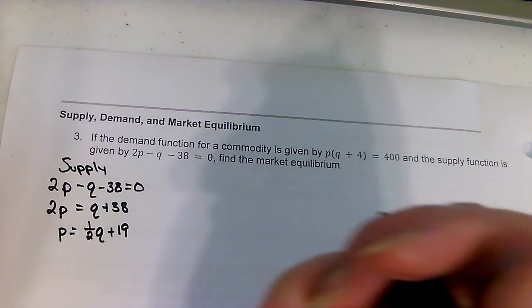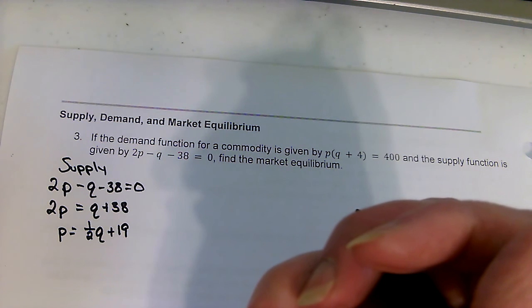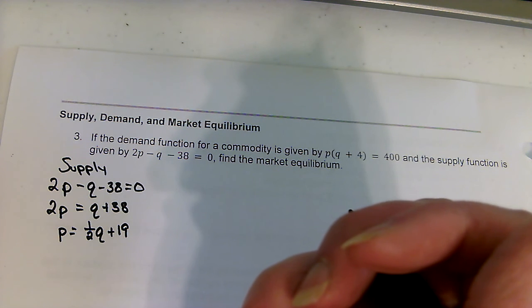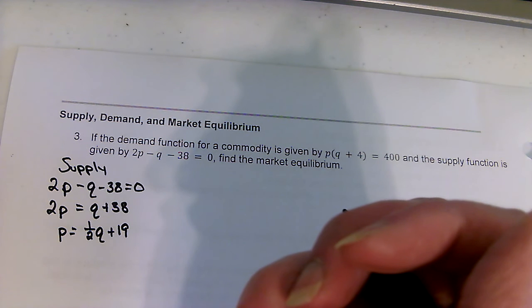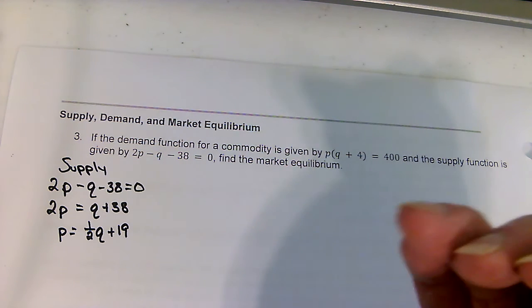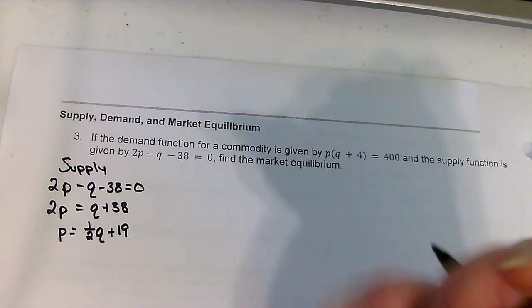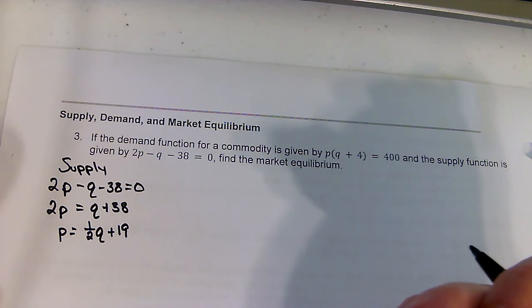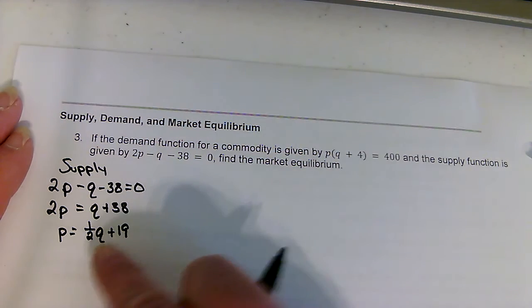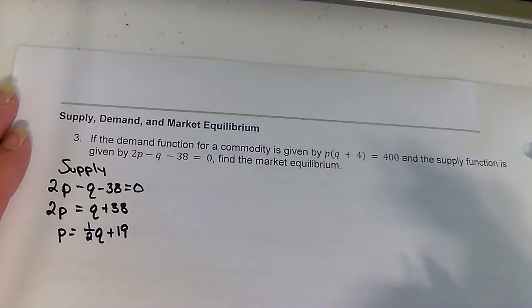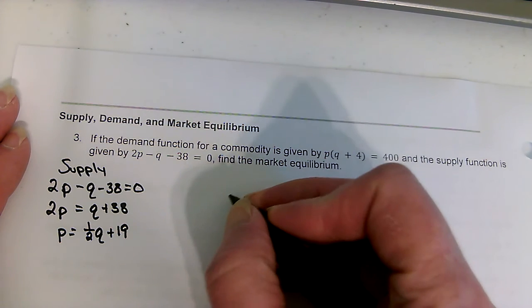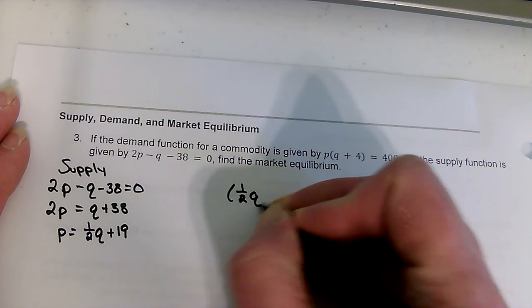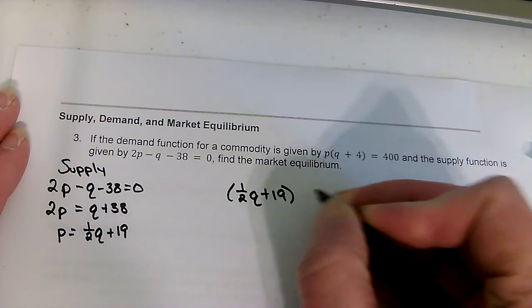And the reason I'm going to do that is because, since we've got these two equations and two variables, I'm going to use a substitution. I'm going to take this function and plug it in for p in this one. So now I'm going to get 1/2 q plus 19, because we got two variables and two equations.